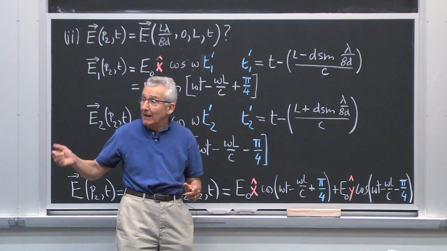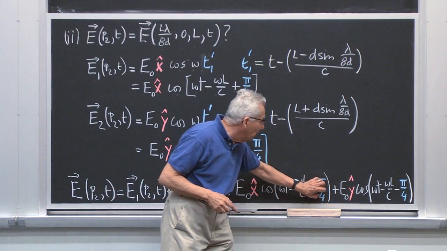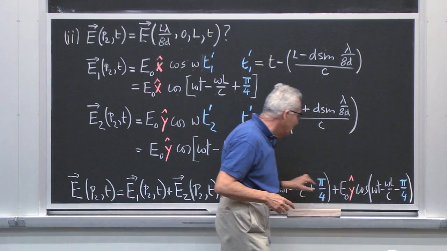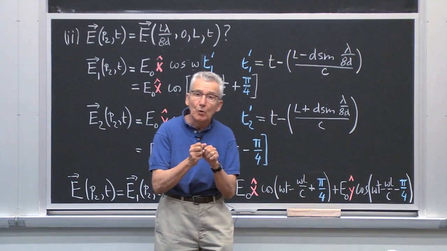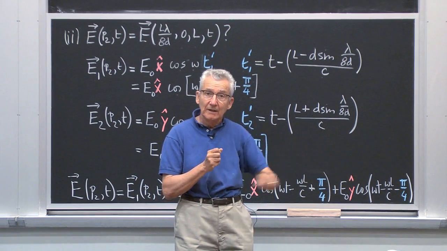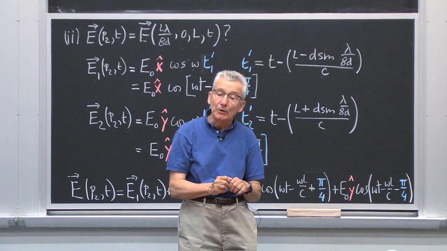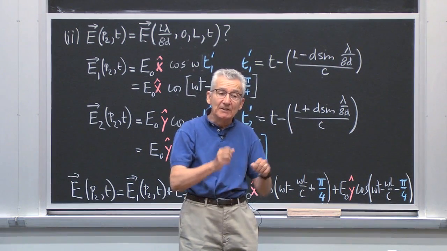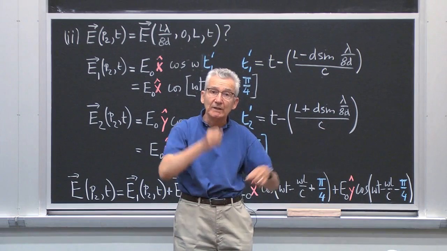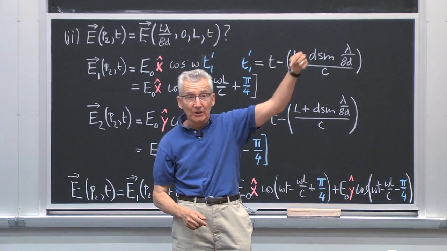In the other case at P1, there was not this phase difference, so one was oscillating like this, the other one was oscillating like that, but they were oscillating with the same phase, so this is what they were doing. And if you add those up, you get a line diagonally.